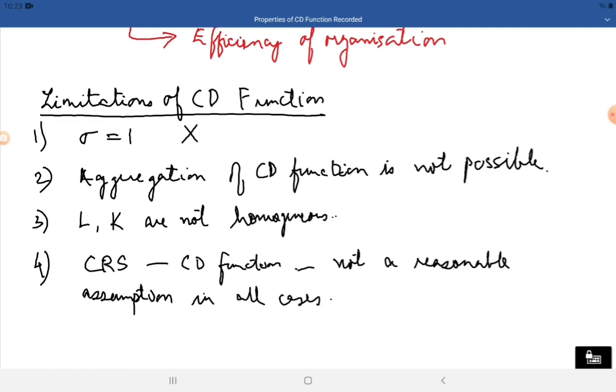So it has been favored for its mathematical simplicity. However, in empirical real situations, this constant returns to scale Cobb-Douglas function may not fit each and every situation seen or being studied. So these are the limitations of the Cobb-Douglas function.